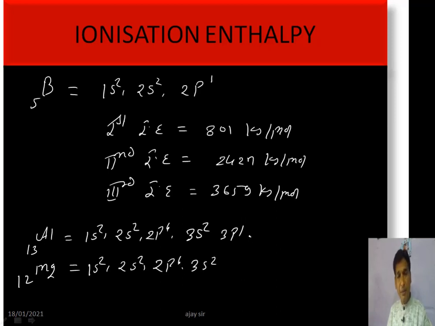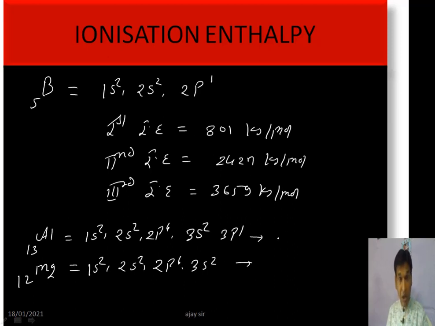What is the difference between the electronic configurations of aluminium and magnesium? The basic difference is that aluminium's outer shell 3p subshell contains 1 electron, which is unstable in nature. But in magnesium, the atomic number is 12, and only 2 electrons are in 3s2, which is stable.